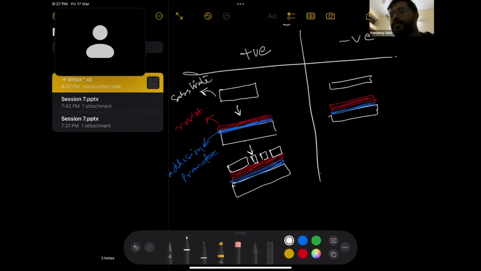Again you have a substrate, an adhesion promoter layer, and a photoresist layer. Now you do the patterning.